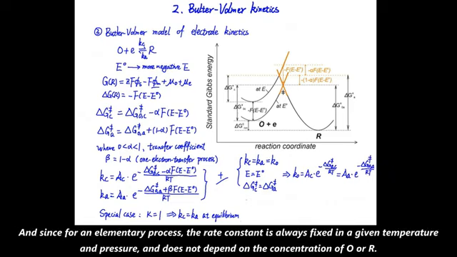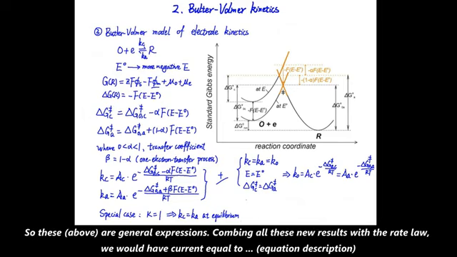And since for an elementary process the rate constant is always fixed at a given temperature and pressure and does not depend on the concentration of O or R, these are general expressions.